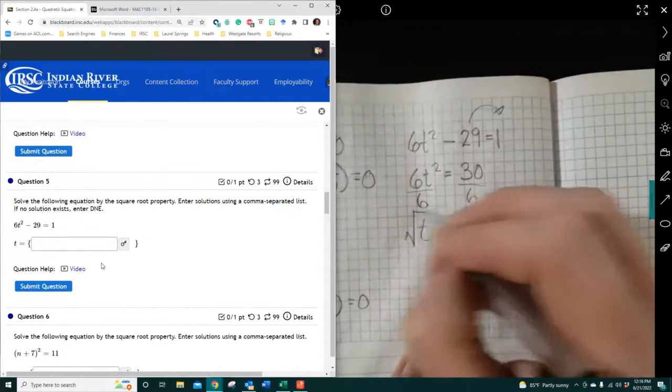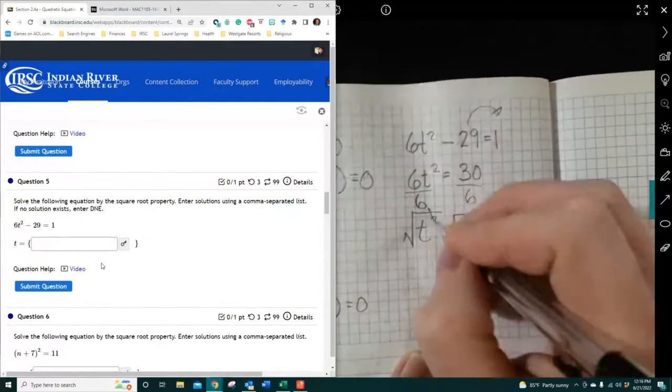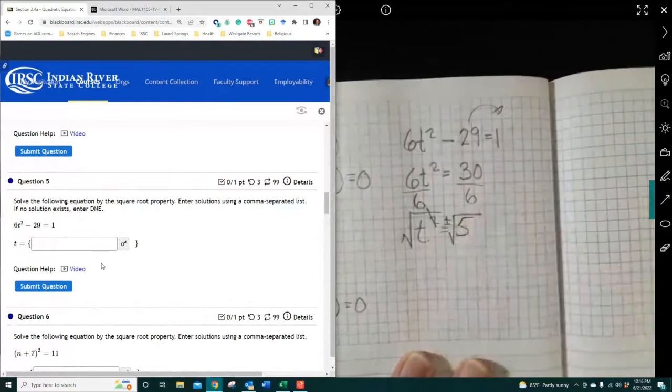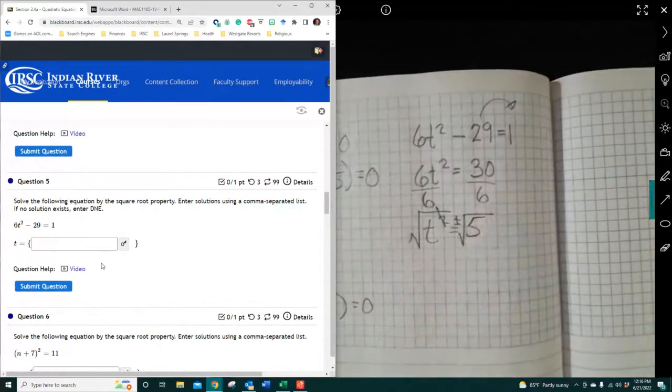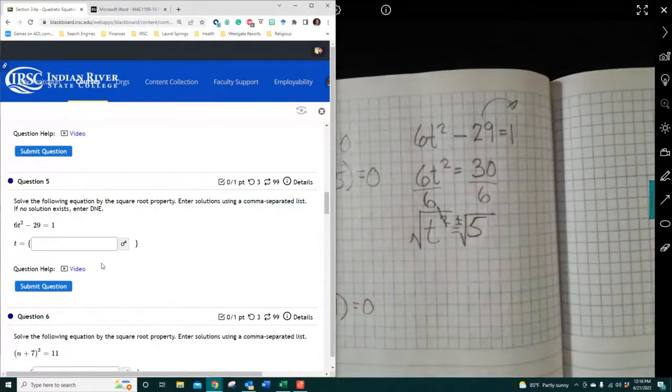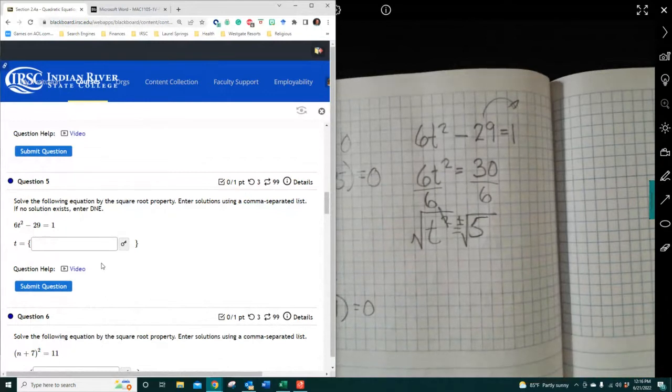And now we're going to go ahead and take the square root of both terms. Now, when we take the square root, we must use plus or minus sign next to the square root symbol. We can't take the square root of 5, so we're going to leave it as plus or minus square root of 5. And that is our answer.